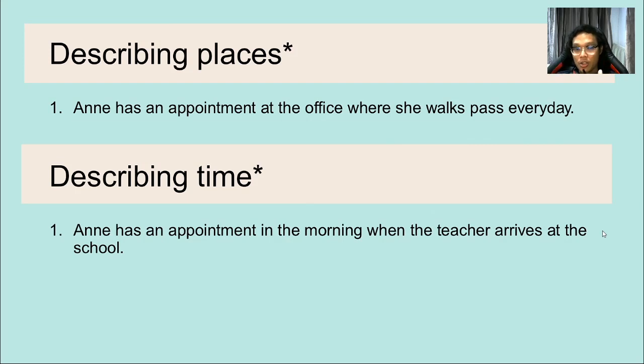Let's take a look at the first sentence: Anne has an appointment at the office where she walks past every day. Anne has an appointment, the same sentence, but we use where to modify a place, which in this case is the office. The office is a place that we want to modify.